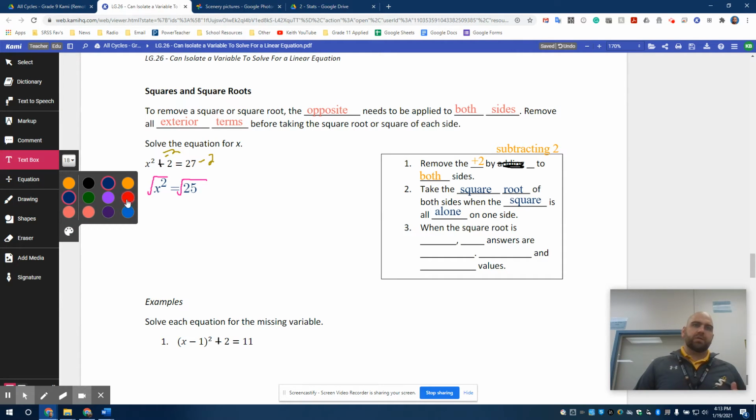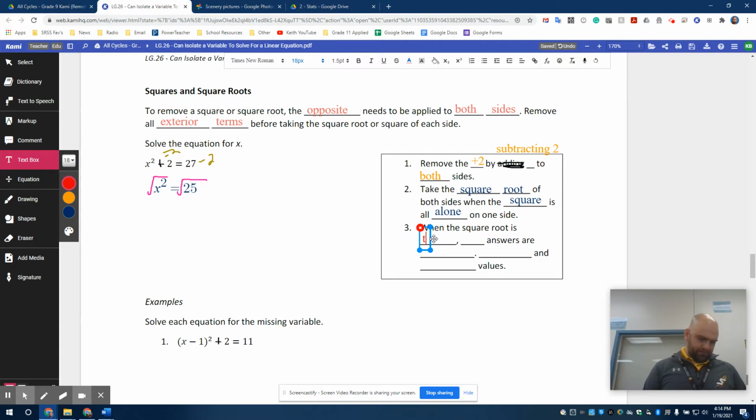Now, what we also need to remember here is that when the square root is taken, and this is to solve for our variable, two answers are possible. There's the positive and the negative values.